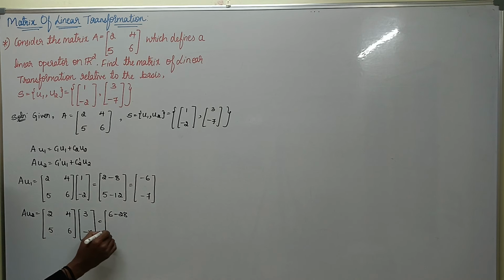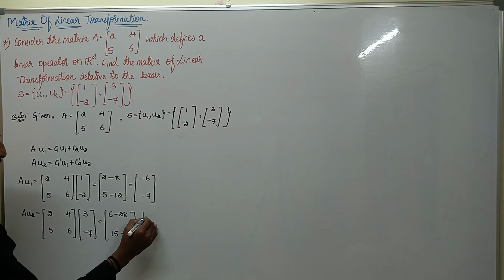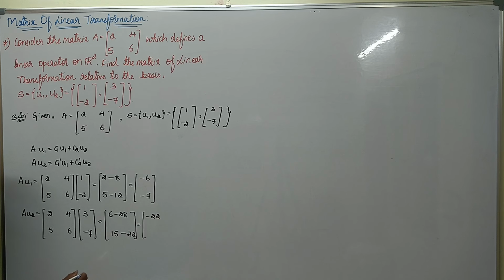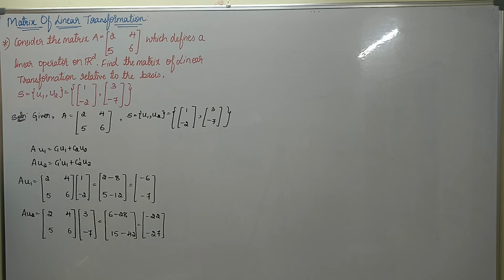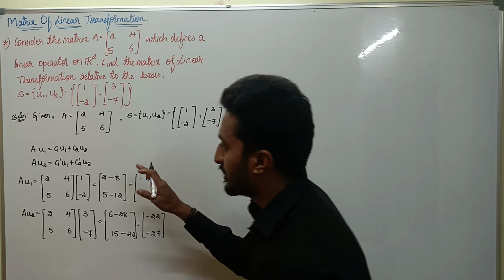Now 5 threes are 15, minus 6 into minus 7 is minus 42. So 6 minus 28 we get minus 22, and 15 minus 42 we get minus 27. This is A u2.